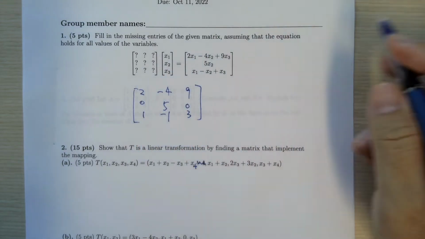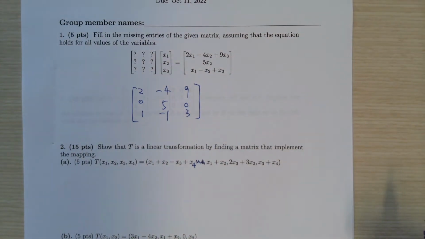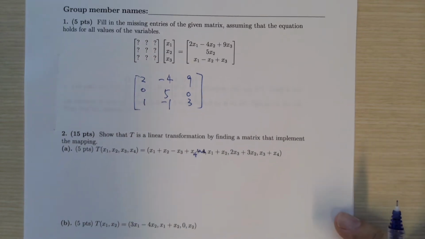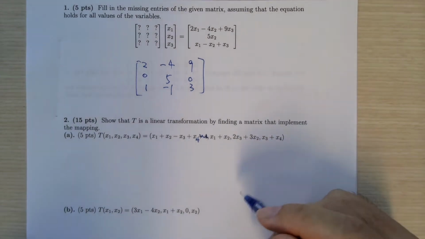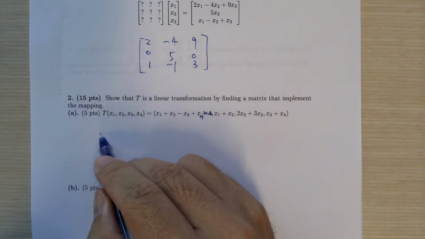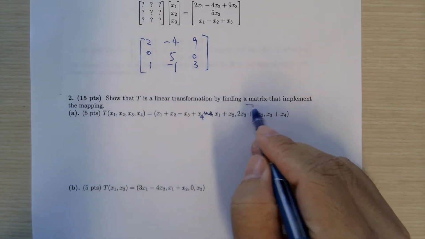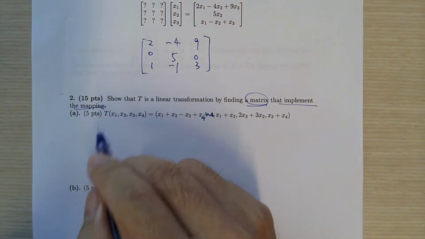So how do we do this? Simple. 2, same thing. So T is a linear transformation, found by finding a matrix that implements this mapping.